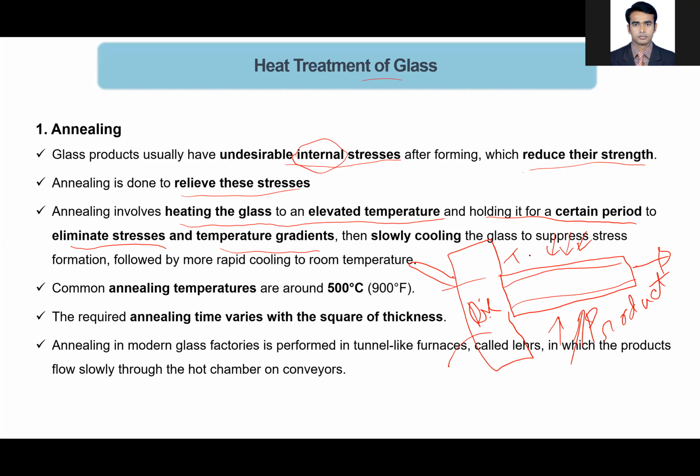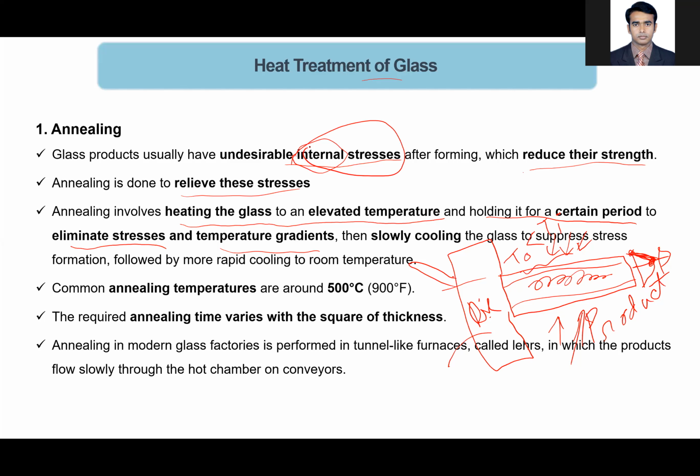The inner surface will be cooled slowly compared to the outer surface, and this is the temperature gradient. If you plot the temperature, it will be like this. The outside temperature is very small, and at the middle the temperature is high. So there is a temperature gradient, and this temperature gradient is another reason for developing the internal stress.